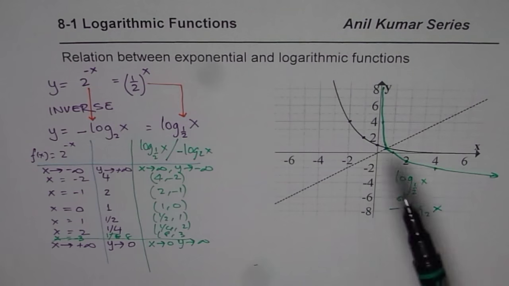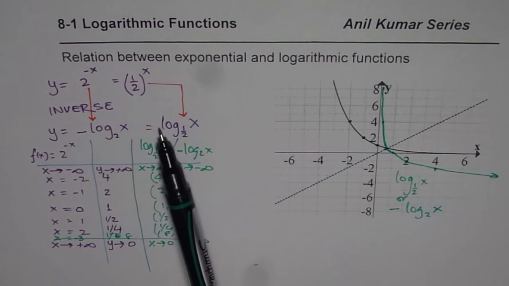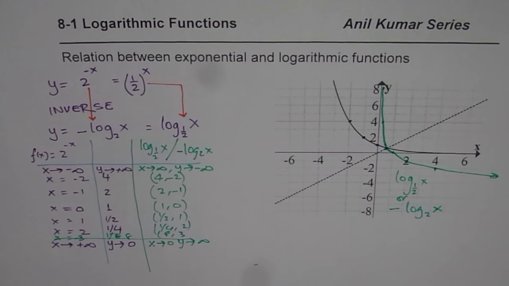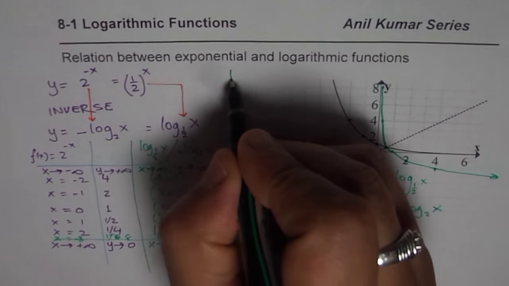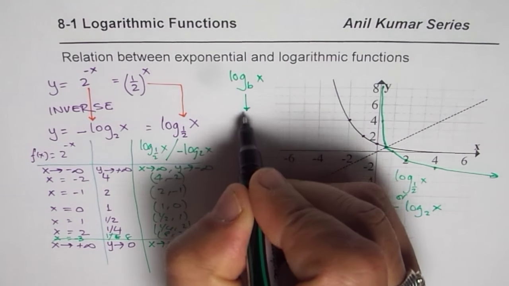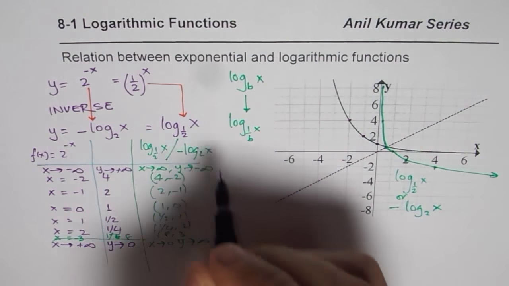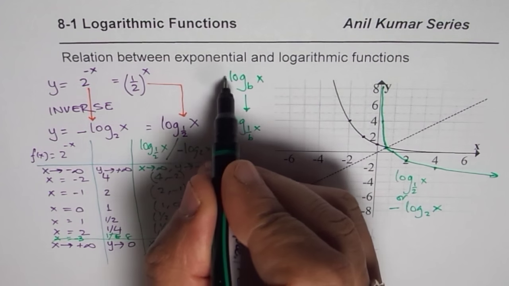So here what you learn is that you can use the log bx graph to find the log of 1 over bx graph by making it negative. Do you understand?